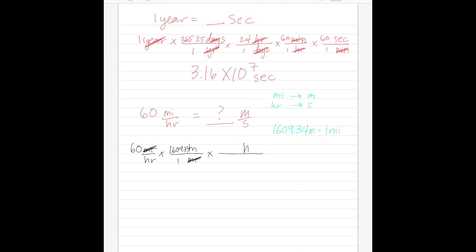And I'm going to seconds, so I don't know how many seconds are in an hour, so I got to go to minutes first. And then, let's see, hours going to cancel, minutes go on the top, seconds on the bottom, minutes cancel. Okay, let's fill in the numbers. 1 hour is 60 minutes, and 1 minute is 60 seconds.